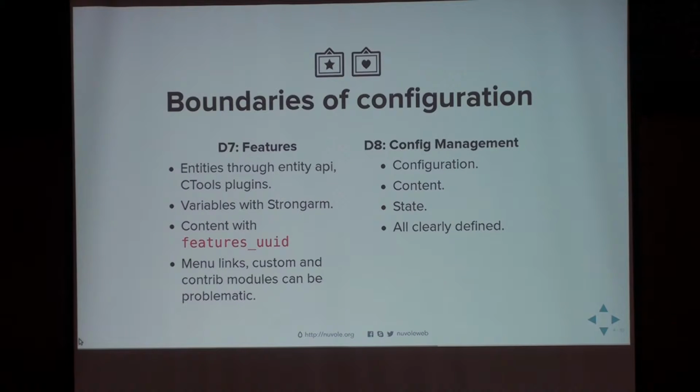So you have the content, which is like the nodes and the taxonomy terms and users. And you also have state, which is like the last time the cron has been run, a typical example, and this kind of stuff. And the configuration is what you intend to be able to be deployed, basically, as a rule of thumb.